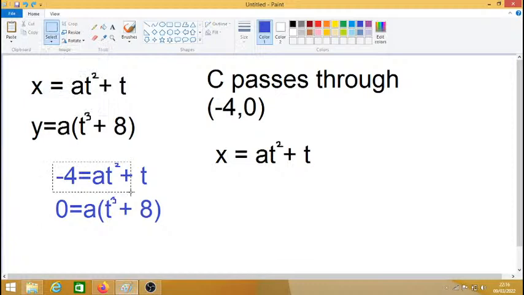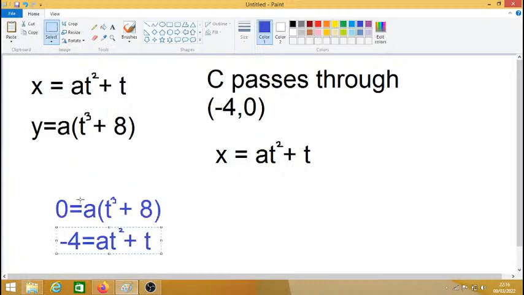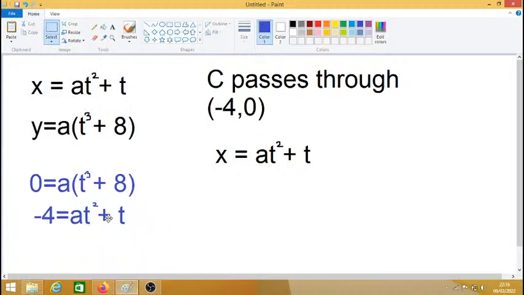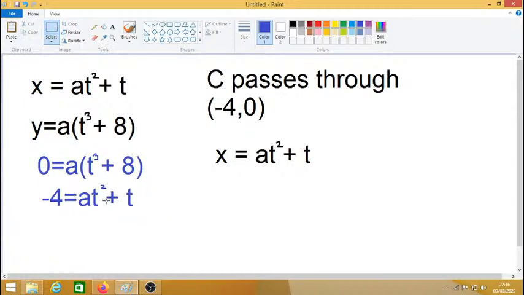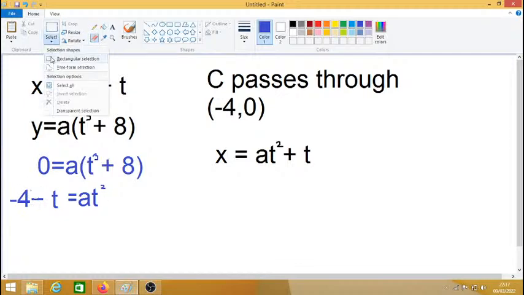Let's swap the order and rearrange the second equation instead. Here we can take the plus t across to the other side, so I've got -4 minus t, the plus turning into a minus. Then we can divide both sides by t squared.